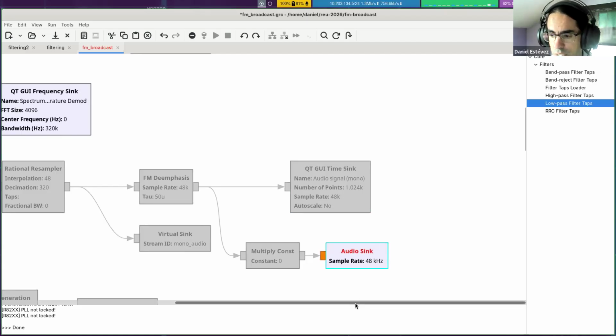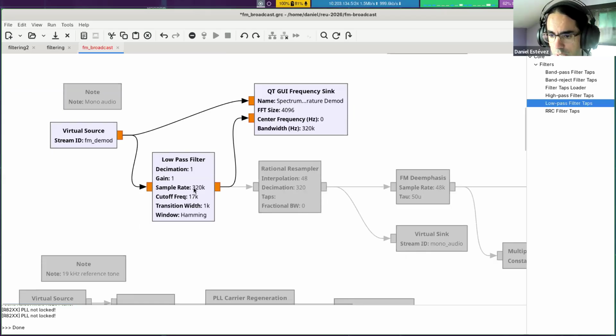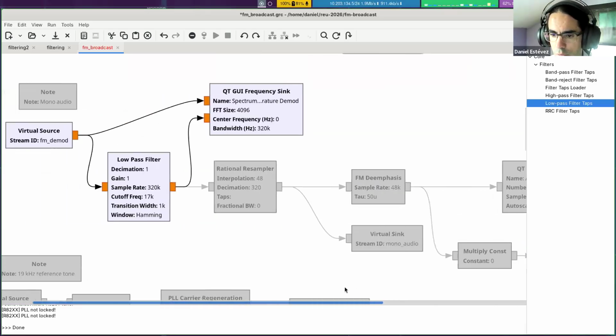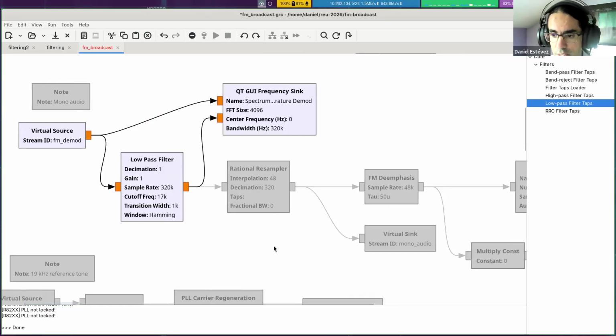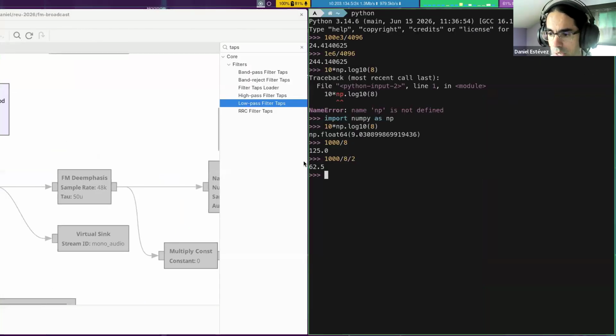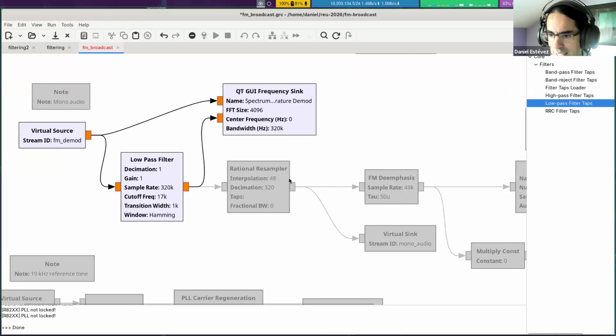So we need to adjust our sample rate from 320 kilohertz to 48 kilohertz, which also implies some filtering because it's a decimation by 320 divided by 48, 6.666. That's good because it actually makes my case for using this block.